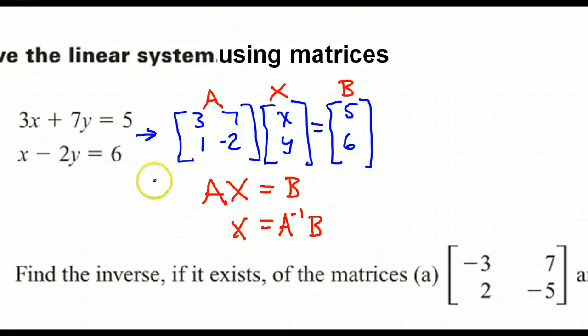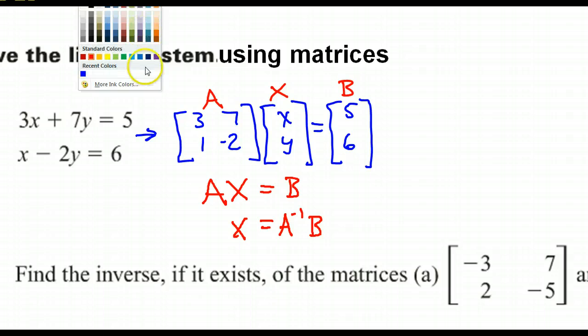If any of this is missing, it's minus points, minus points, minus points. Because this is the theory. So, basically, if we want X, which is what we're looking for, then we need to do A inverse times B. So that's what we're going to do, but that means we need to find A inverse.